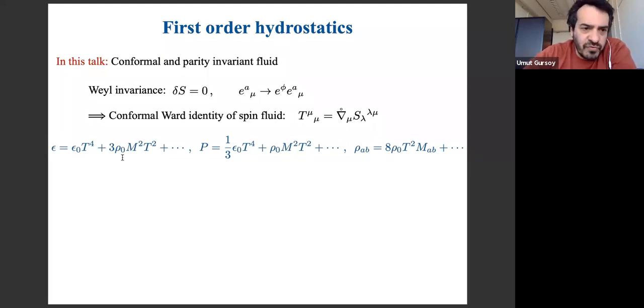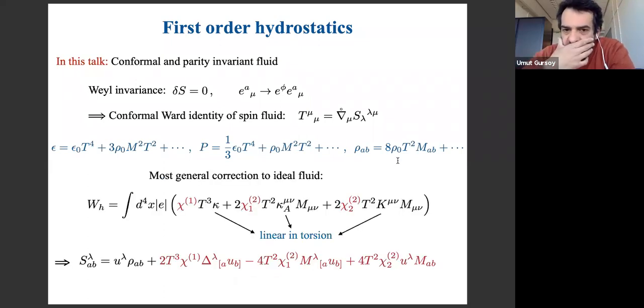From conformality, the first term would be proportional to T to the 4, and the spin density should be T squared together with this M_AB term. This is the kind of expansion that you get, and there will of course be higher derivative corrections. So this is the energy, pressure, and spin density of a conformal fluid.